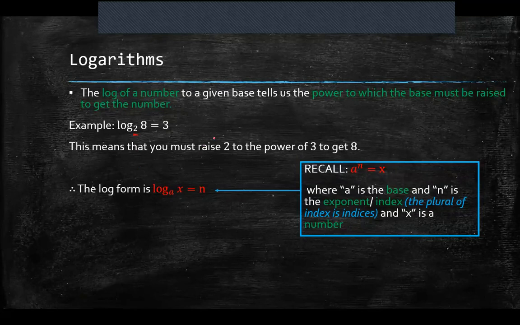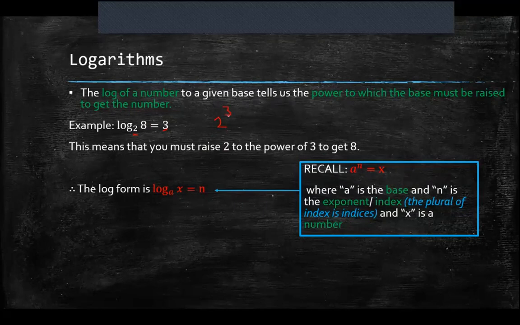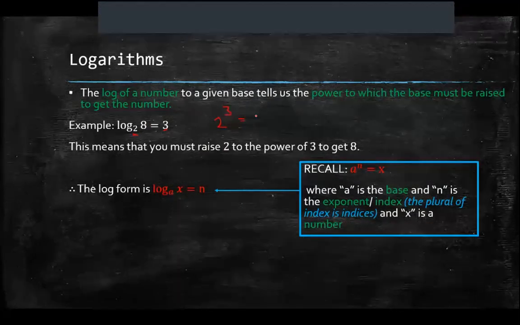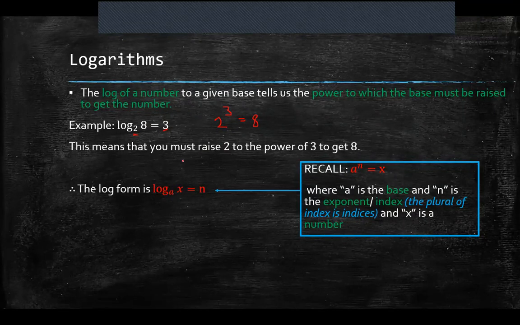So you must raise 2 to the power of 3 to get 8. And that's what log means. That's what finding the log of a number means, right? So you good with that so far?